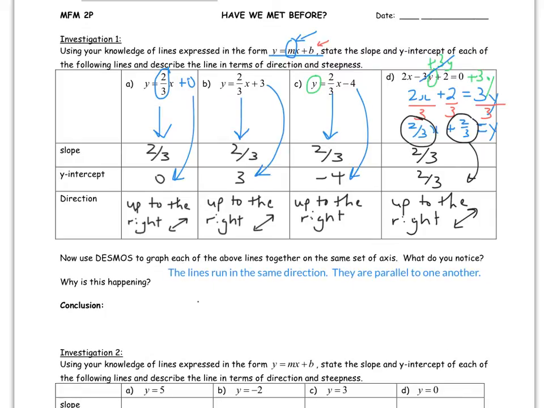Now, why is that happening? We know that the slope is the thing that defines the direction of the line. And you will notice when you look at your values of slope for these lines, so these values right here, they're all exactly the same. So why is this happening? It's happening because the slopes are the same for every line.